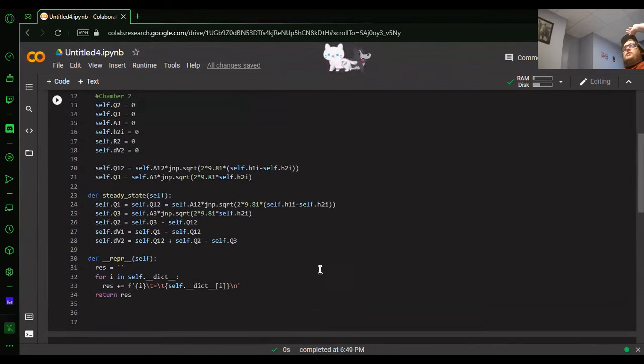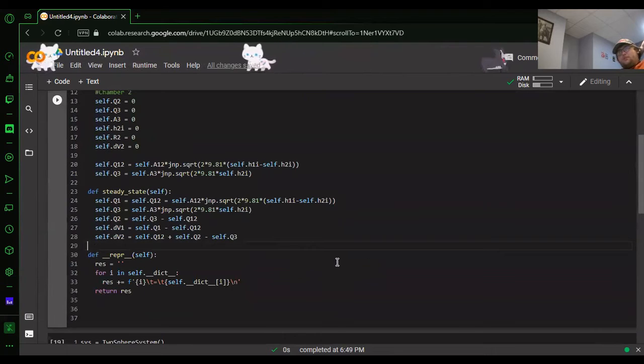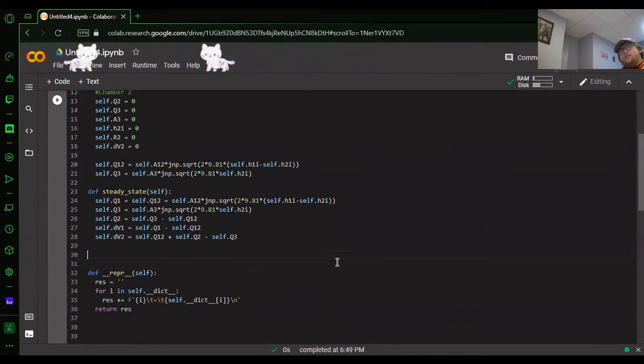Now, however, we get into the more complicated part. We need to find out how our system changes in regards to height with respect to time.